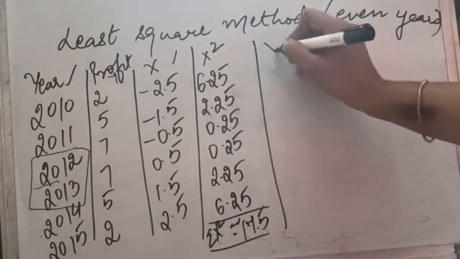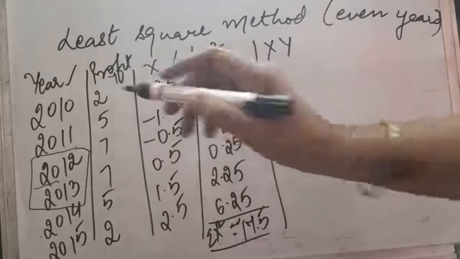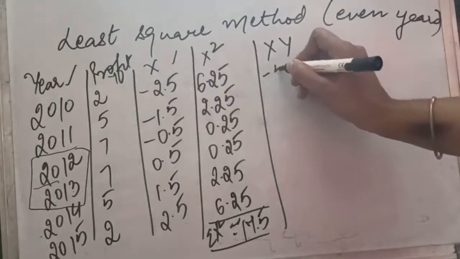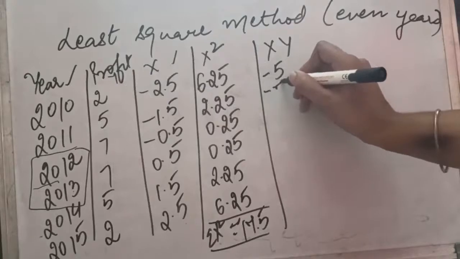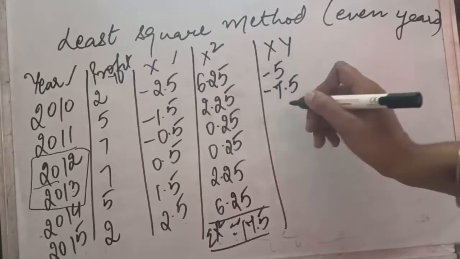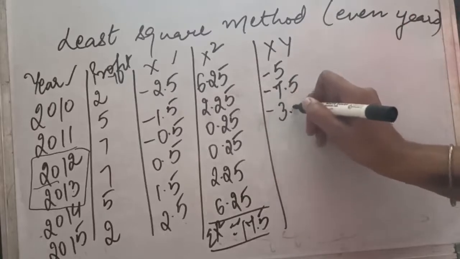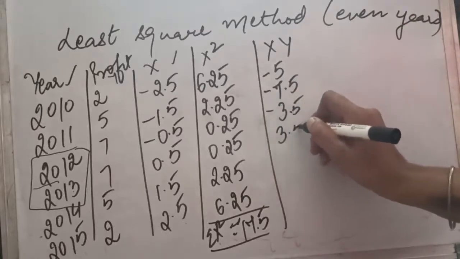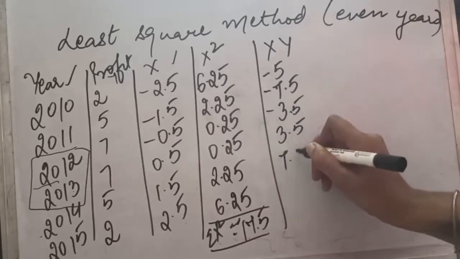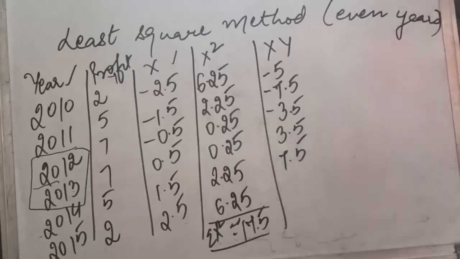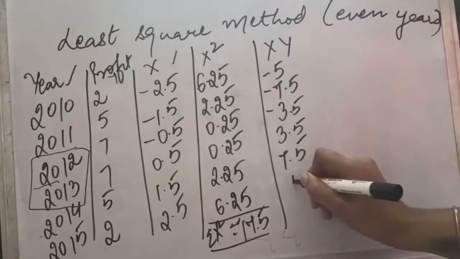So now from here we can calculate xy also. X will be multiplied with y. So it will be minus 5, it will be minus 7.5, then 7 into minus 3.5, positive 3.5, 7.5, then it will be 5.